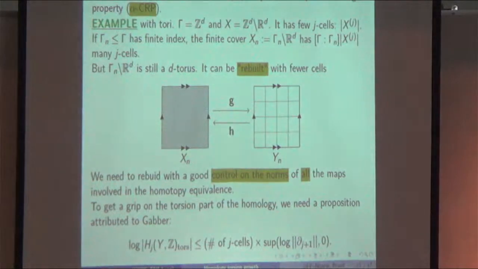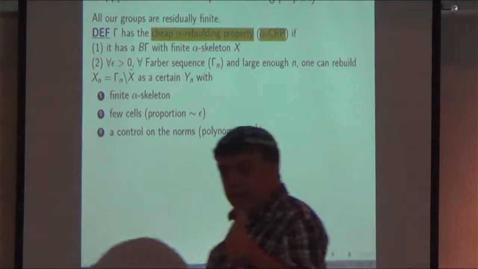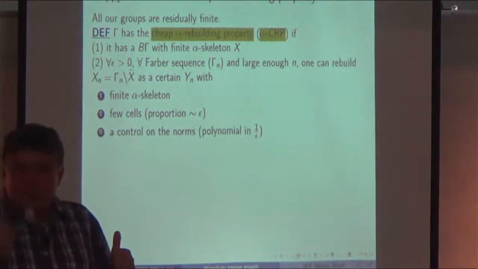Now I will give you a floppy definition of the cheap rebuilding property. All the groups are residually finite, and we say that gamma has the cheap alpha rebuilding property if, first of all, gamma admits a finite B gamma, at least up to dimension alpha.